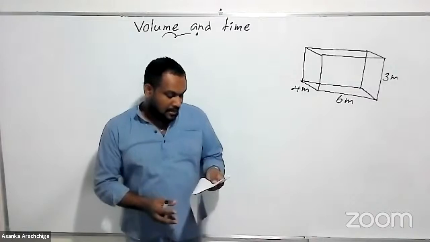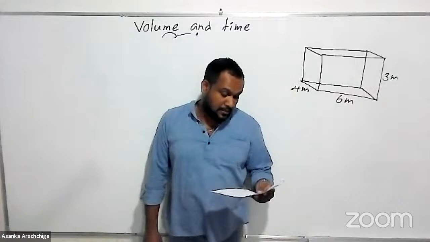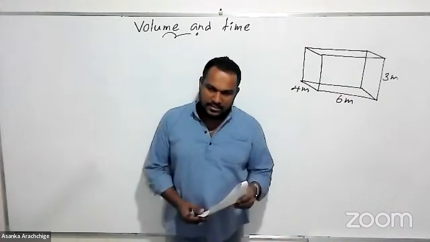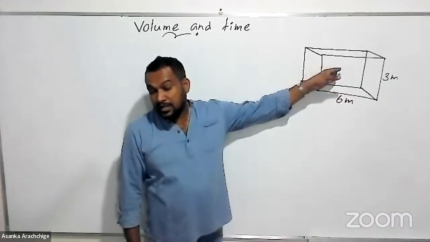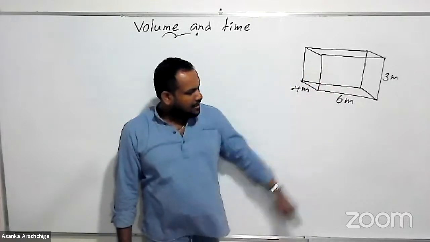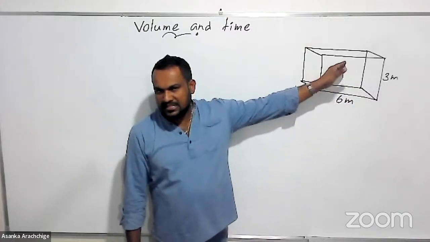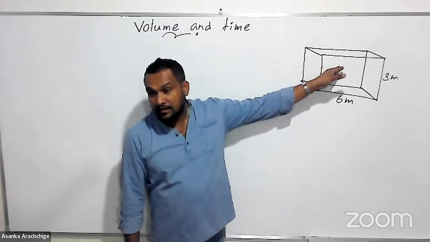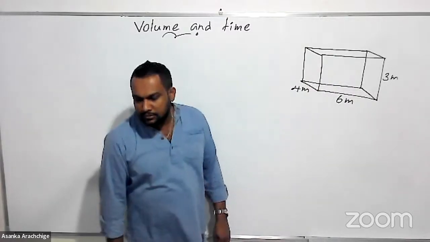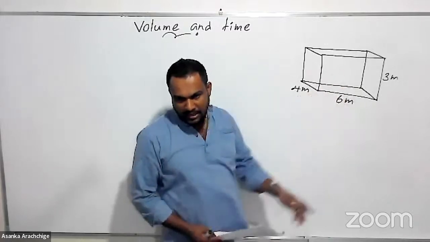In Roman number 1, we are asked to find the capacity of the tank in liters. Tell me how to find the maximum volume of this object. That means the maximum volume of this tank in cubic meters. What are you supposed to do? You have to get the product of length, breadth, and height.